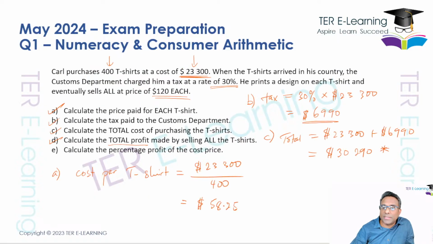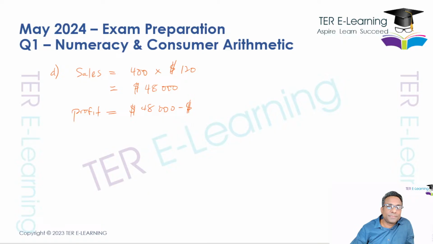So that's 30,290. Therefore, he's making a profit here of $17,710.